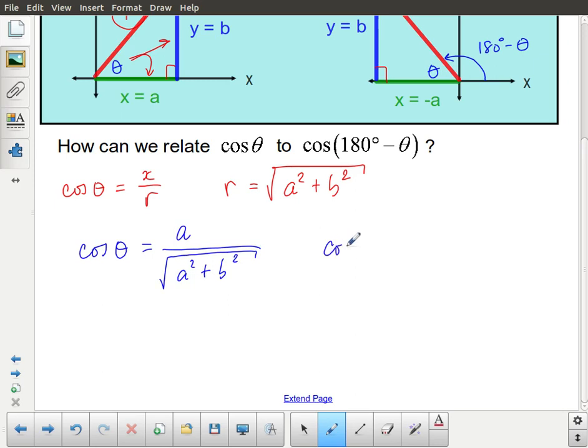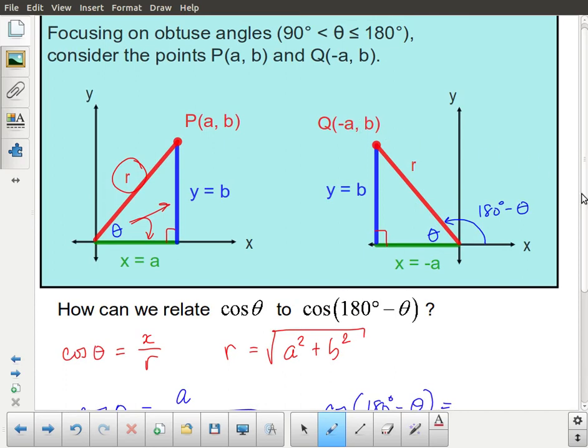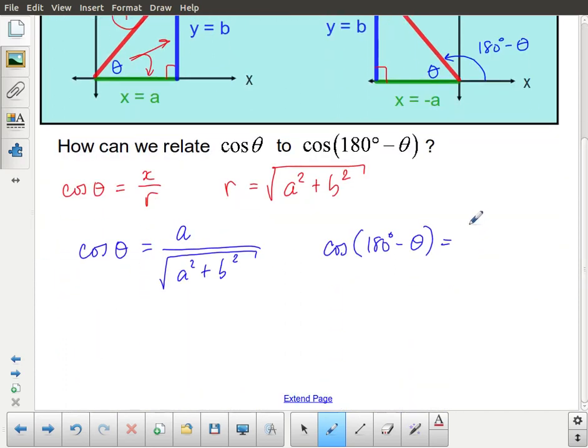The cosine of 180 degrees minus theta, so now this is the cosine of the obtuse angle, is equal to, what's the x-coordinate? Now the x-coordinate is negative a, divided by the square root of a squared plus b squared. So we don't end up with equality like we did before.